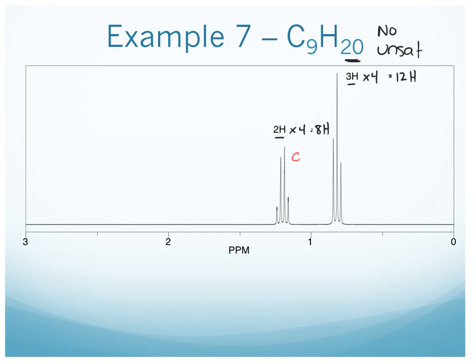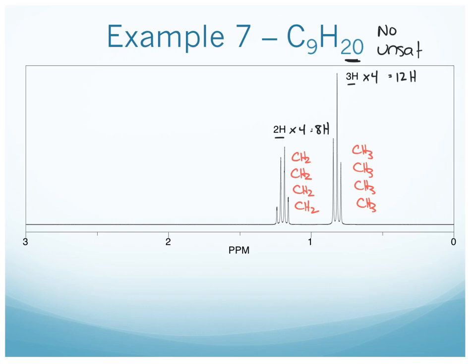So what if it's four equivalent CH2 groups? And then what if the one that integrated for 3 hydrogen is 4 equivalent methyl groups? Well, there's all of our 20 hydrogen, but only 8 of our 9 carbons.